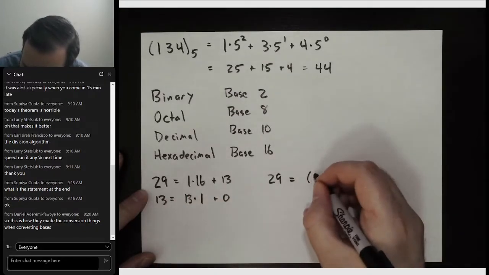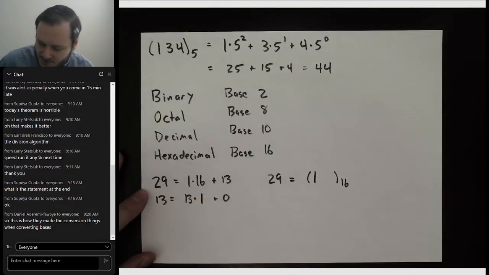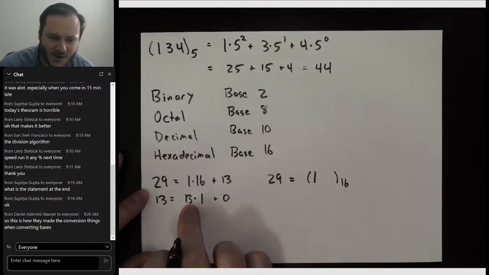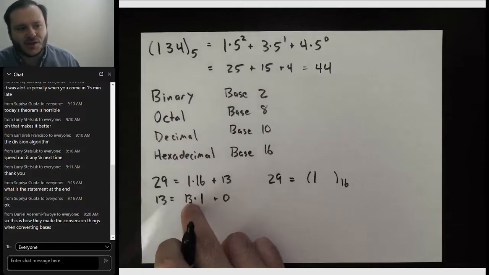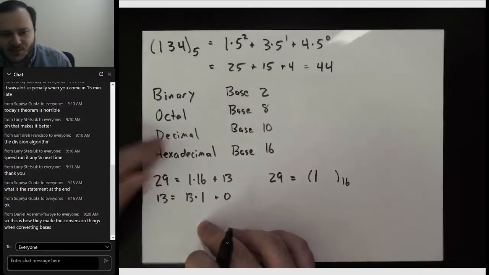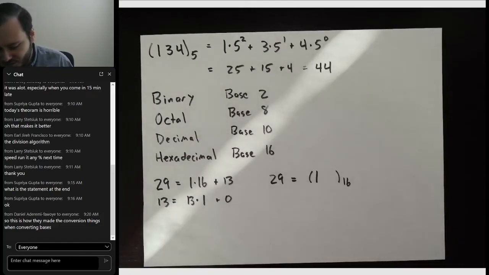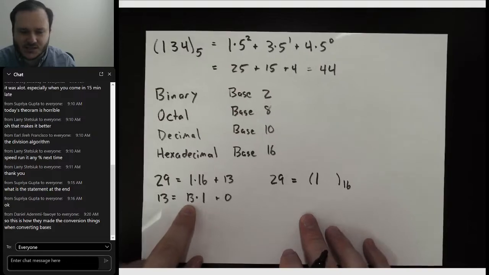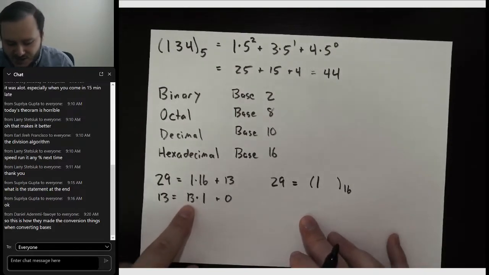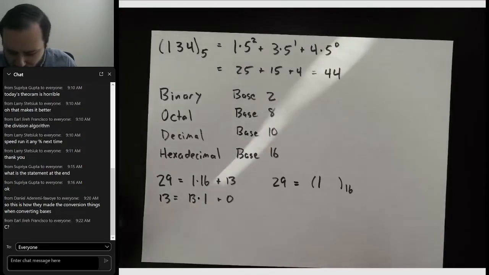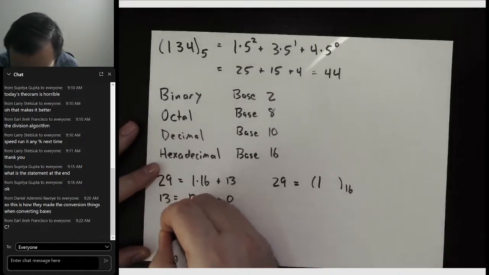First digit is 1, but the second digit is 13, but I don't have a symbol that means 13, because we use decimal to talk about numbers. We don't have one symbol that means 13. 13's too big to fit into a single symbol in decimal. So we need more symbols.